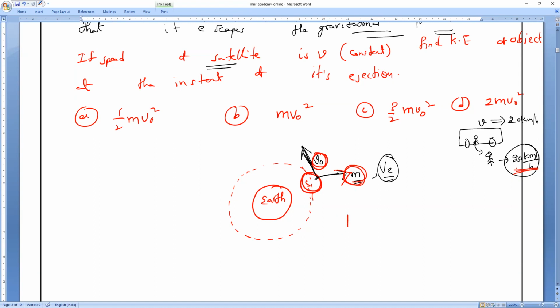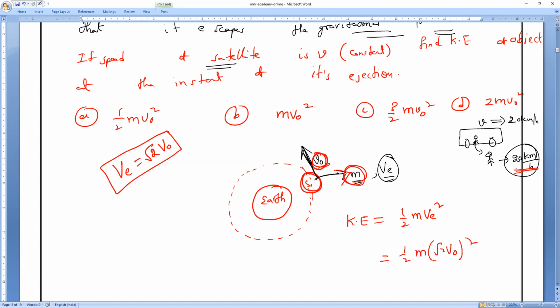We know that kinetic energy is half m times escape velocity square. The satellite velocity is v naught. What is the relation between escape velocity and satellite velocity? Escape velocity is √2 times the orbital velocity, so √2 into v naught, whole square.